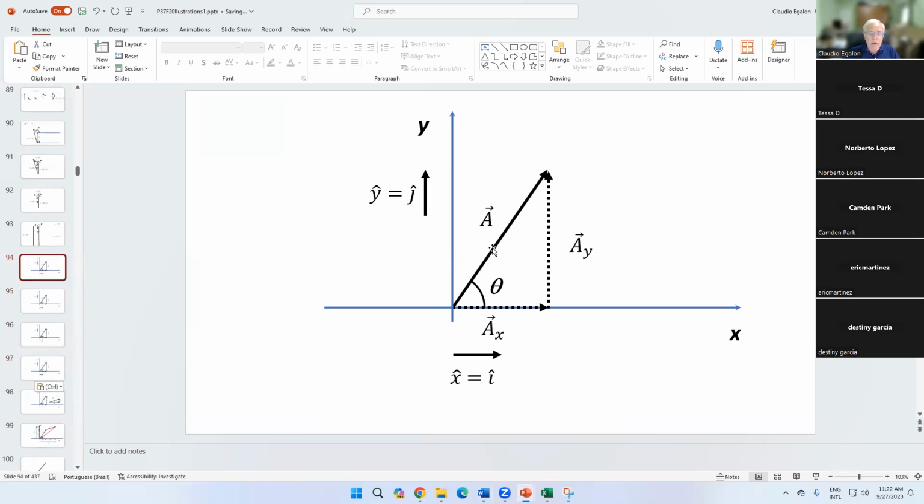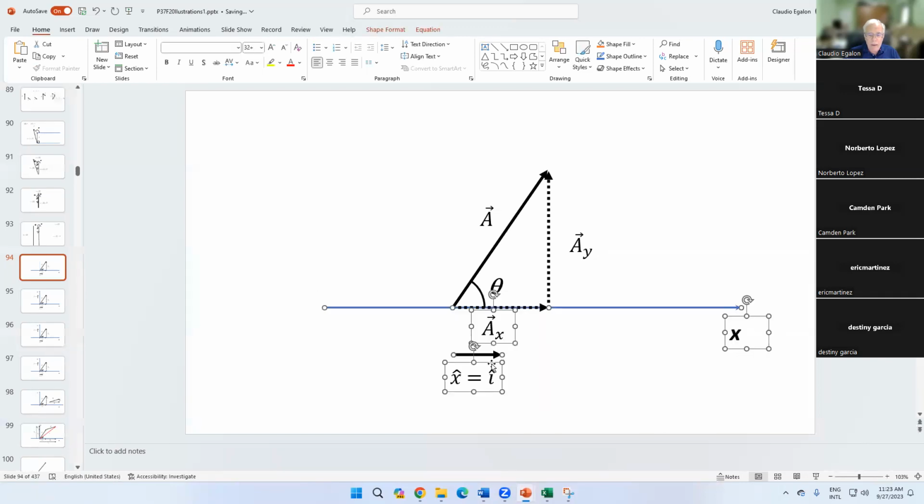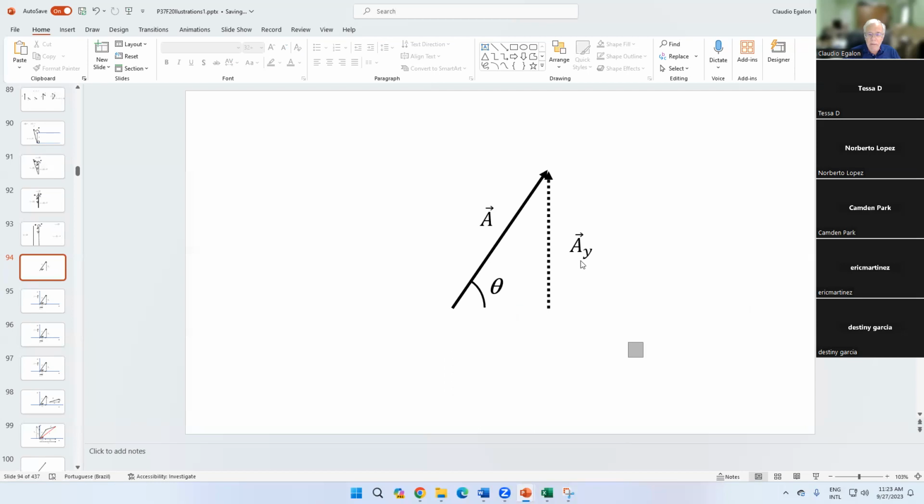Suppose we have this vector A here in space.